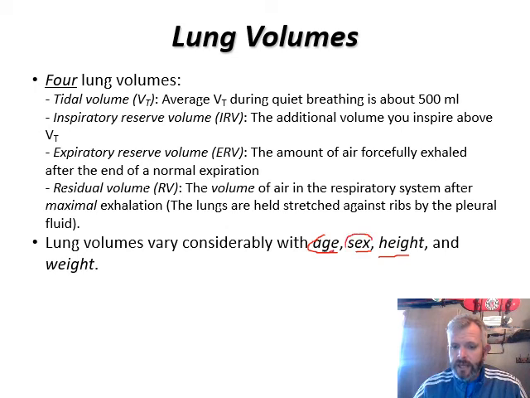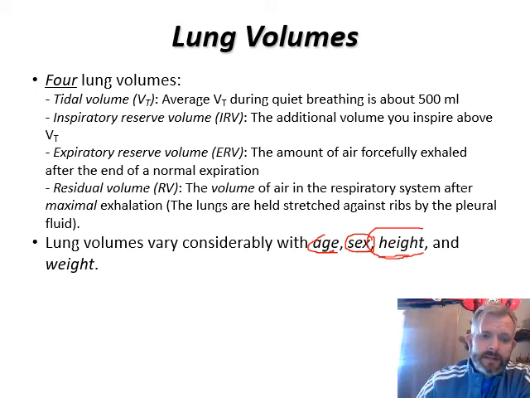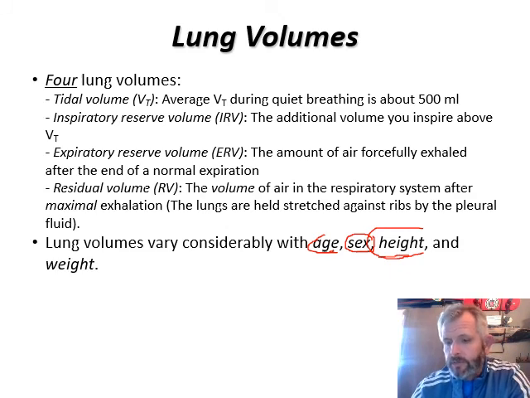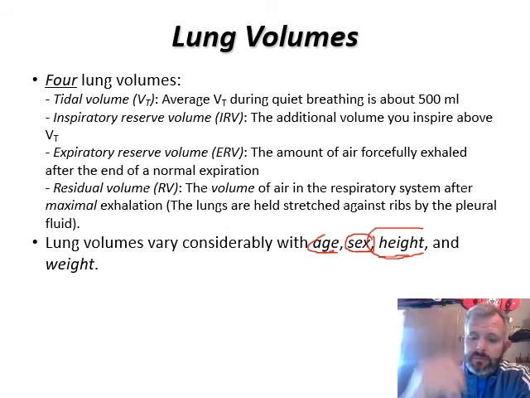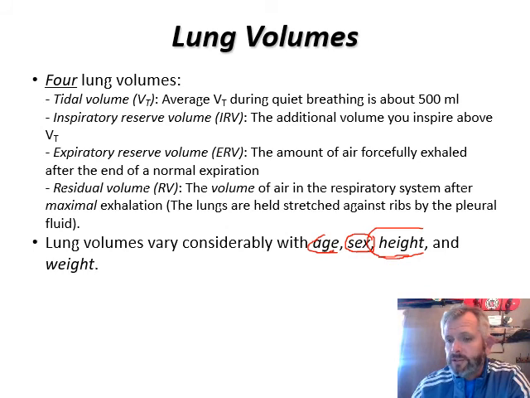Men are going to have typically larger lung volumes than females. Taller is going to be more, and weight the same. So you've got to juggle that. When measuring these in the medical field, we have values for different ages and different sexes, so we can measure those values against what's considered norm.